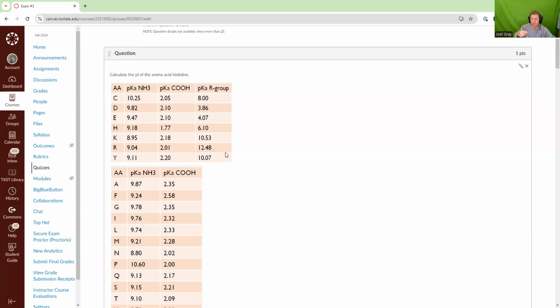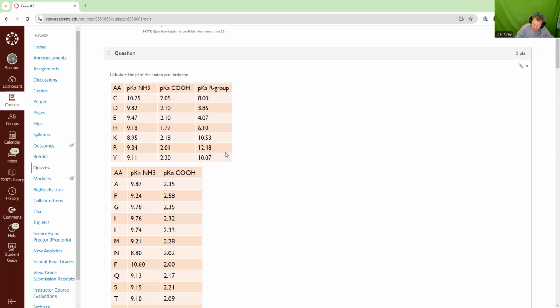So what I'm going to do is list those in increasing order. 2.01, then 9.78, and then last but not least that 12.48. Now, for putting that together, I do not care about where those are coming from because I've already established that those are the three that I care about. In terms of sequencing them, I'm just putting them in increasing order.